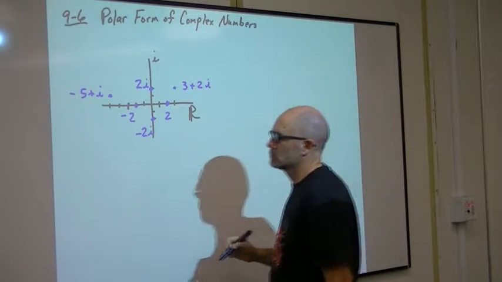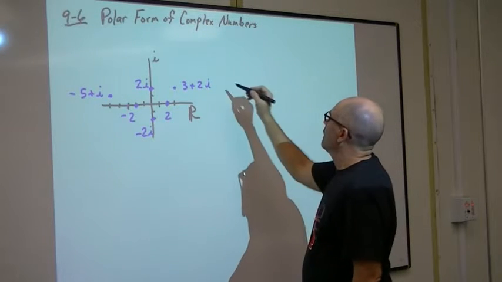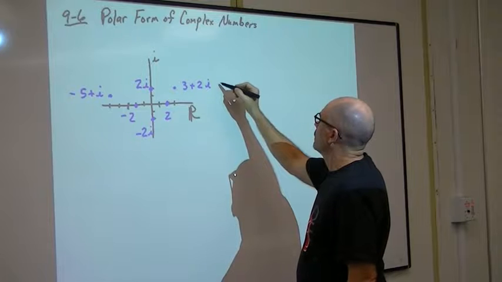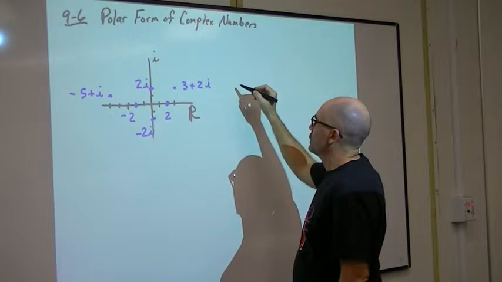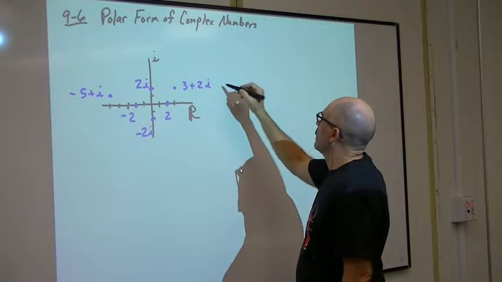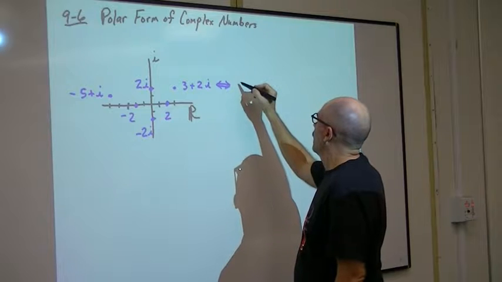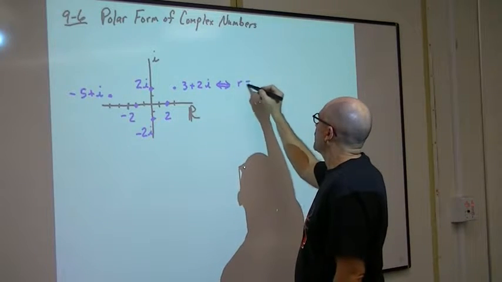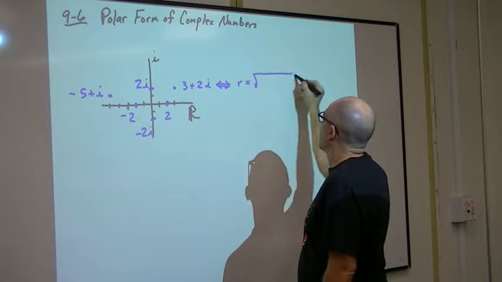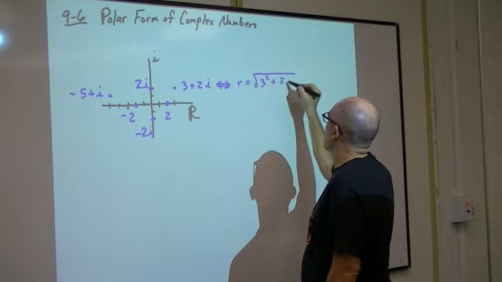So basically what I have then is the magnitude. r is going to equal the square root of 3 squared plus 2 squared.